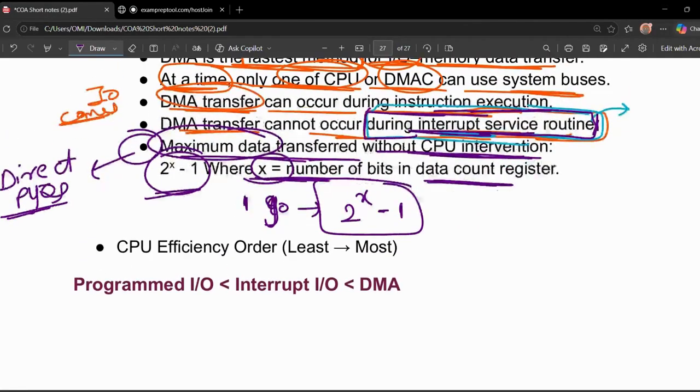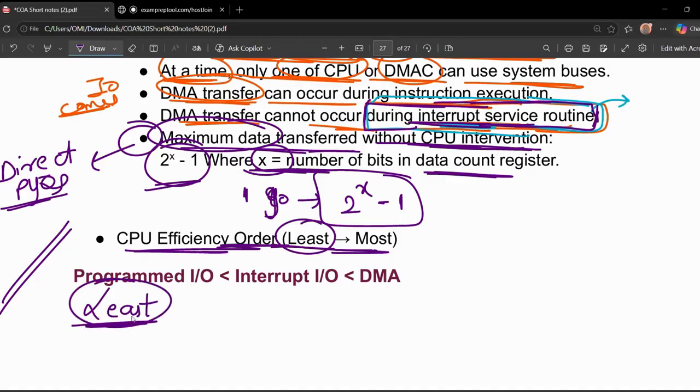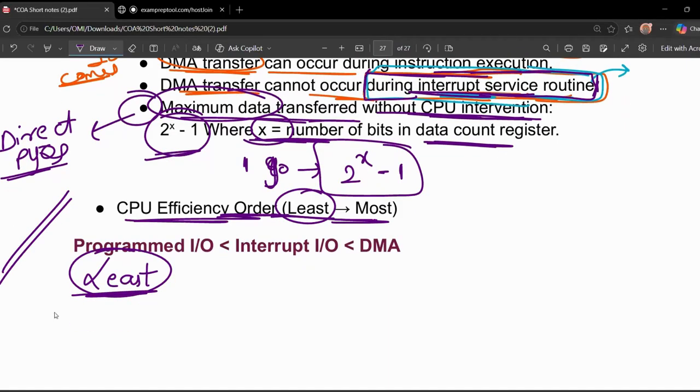Now this is the last point, the CPU efficiency order: how CPU efficiency goes from least to most. The least efficient is programmed I/O, because you have to keep on polling.